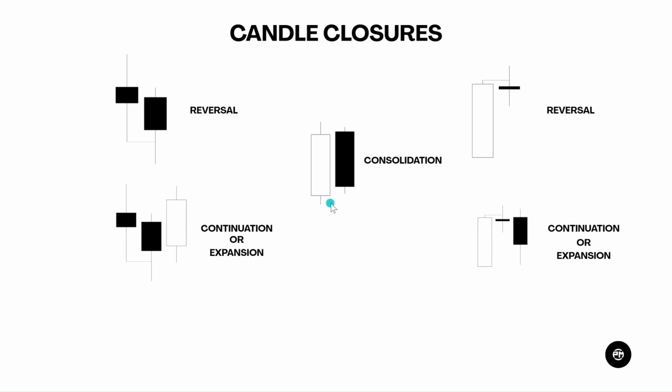Or we anticipate price trades below the low of this previous candle range and closes inside, which is above, and then we anticipate price trading higher, and after that we can expect to trade the next candle of expansion. All right, so let's go into the chart to show you more examples of what this looks like in real time.